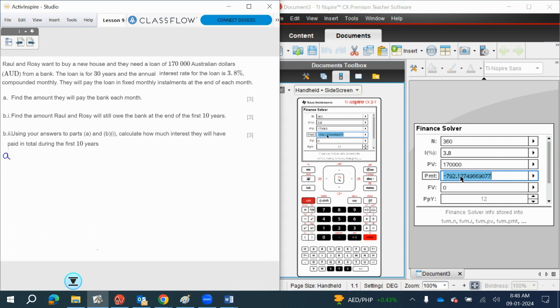So for A, we are going to need N is 360, I is 3.8%, present value 170,000, future value 0, payments per year 12, compounding periods per year 12, gives us a payment of minus 792.13.